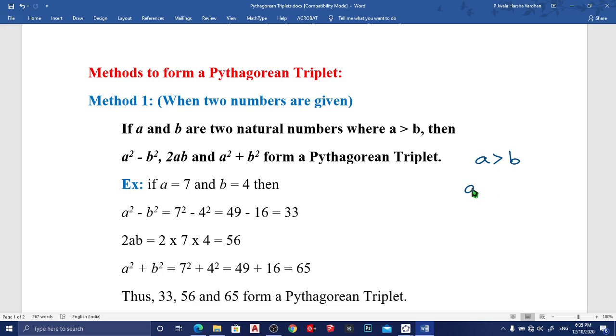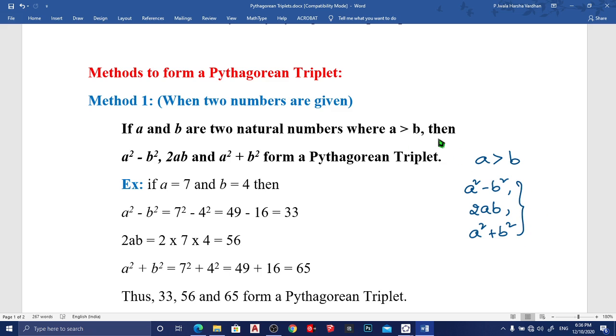Then a square minus b square is the first number of the Pythagorean triplet, and the second number will be 2ab. These are the formulas you have to substitute. Next, the third number is a square plus b square.